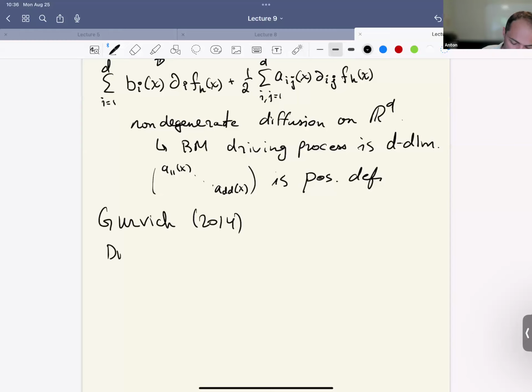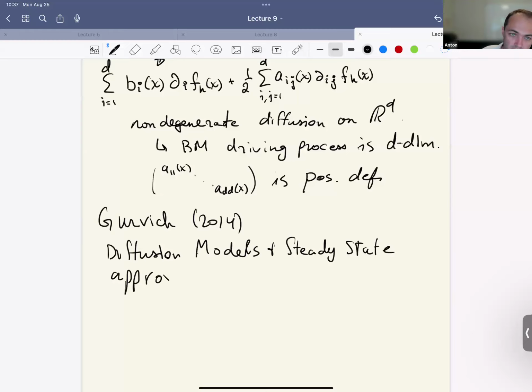It says: Diffusion models and steady state approximations for exponentially ergodic Markovian queues.